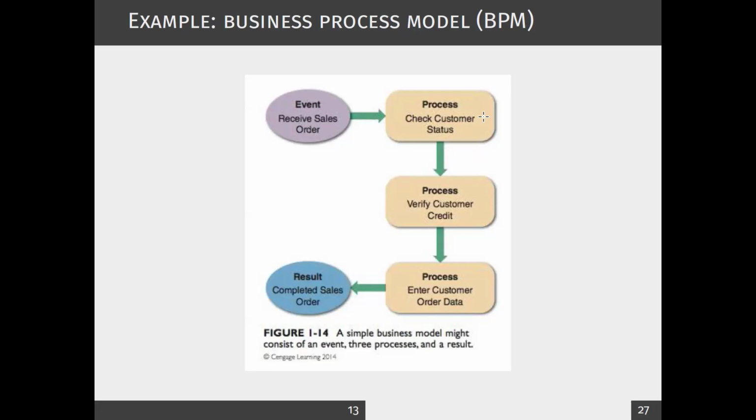Then you verify customer credit, and then finally you can enter customer order data, and the end result will be a complete sales order. So this will show you how exactly a particular function or business operation happens.